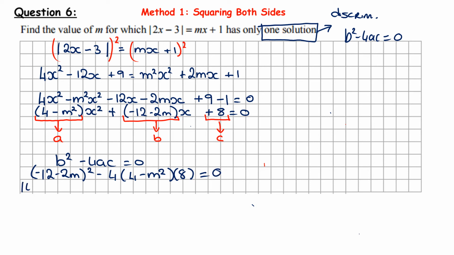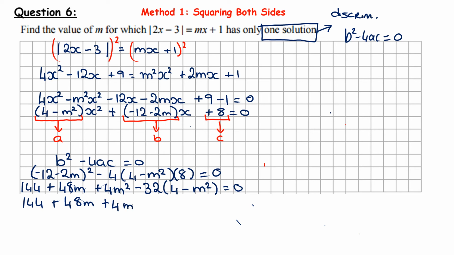Working that out, so we have 144 plus 48m plus 4m squared minus 32 times 4 minus m squared is equal to 0. 144 plus 48m plus 4m squared minus 128 plus 32m squared equals 0.